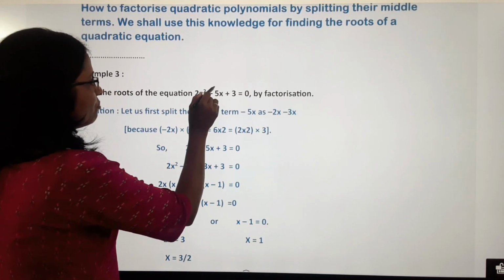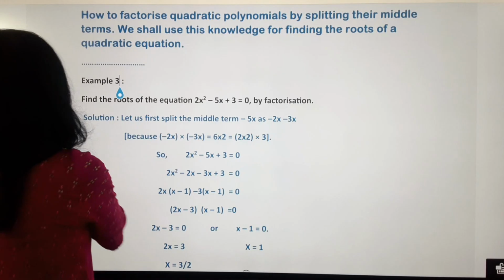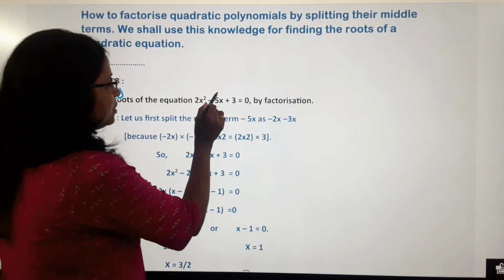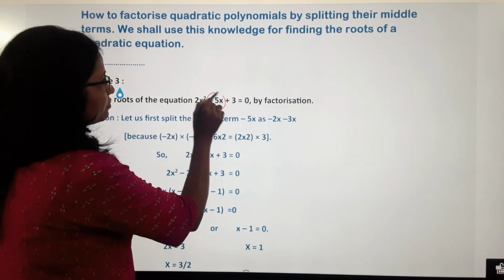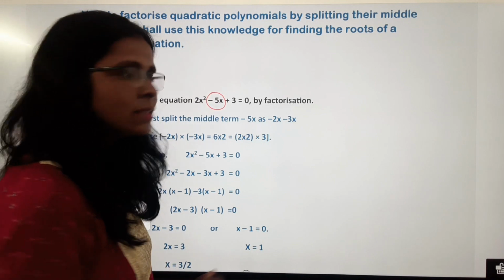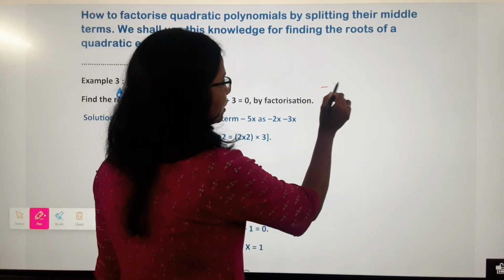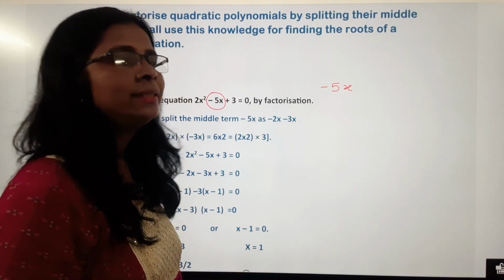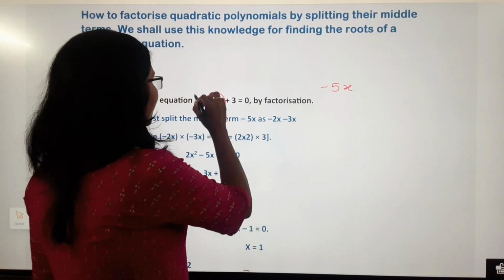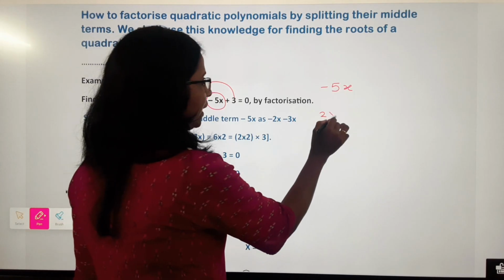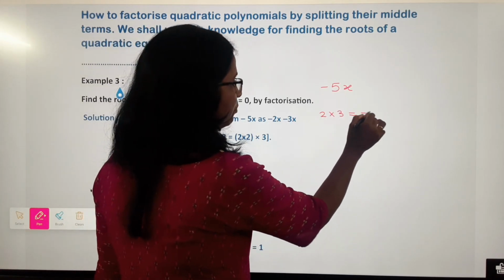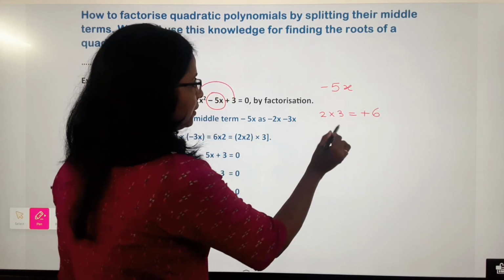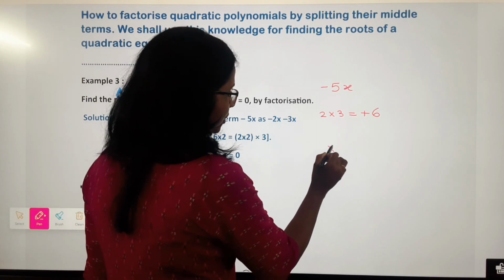So we want such 2 numbers. Middle term is minus 5x. So we want such 2 numbers having the multiplication positive 6 and addition or subtraction.